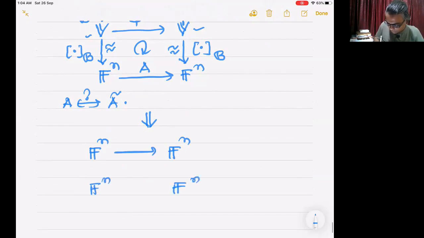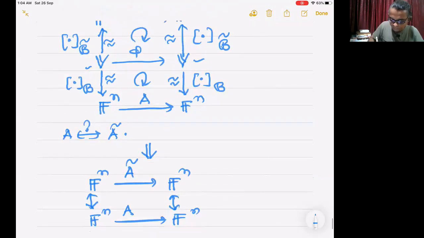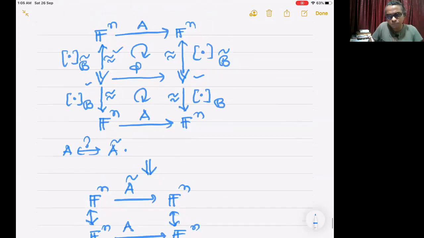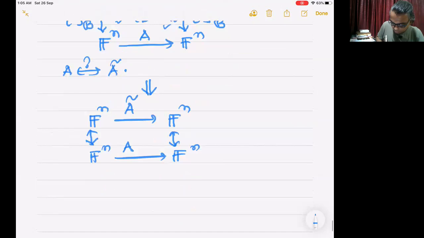Here is A tilde, here is A. This is going to be an isomorphism. Why? Because this is the composition of these two isomorphisms. Here is one isomorphism, here is another isomorphism. Compose them, you get another isomorphism. Compose them again, you get another isomorphism. So these two are the isomorphisms that we need to figure out what they are. Once we do that, we're done.